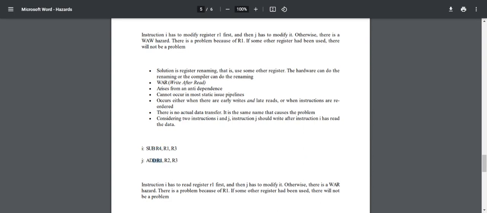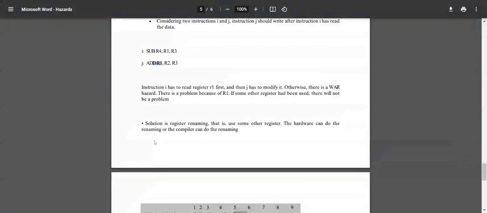It is going to get the updated value from the add operation, but it should not use it. It should use the previous value for R1. So this kind of situation is called write after read hazard. That means you should write only once the read operation from the previous instruction is complete.